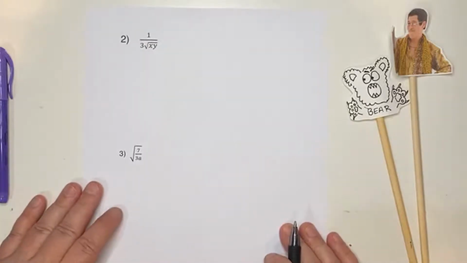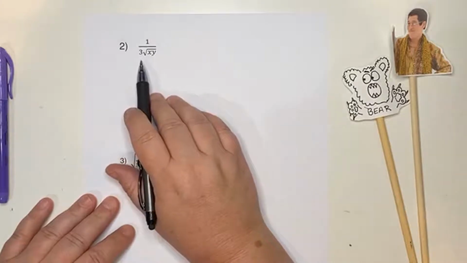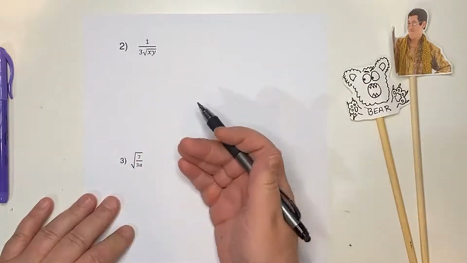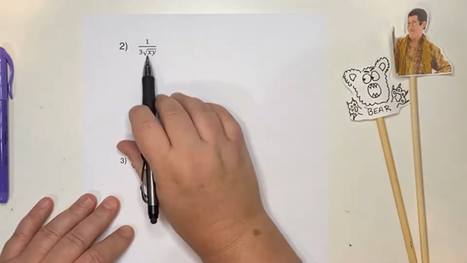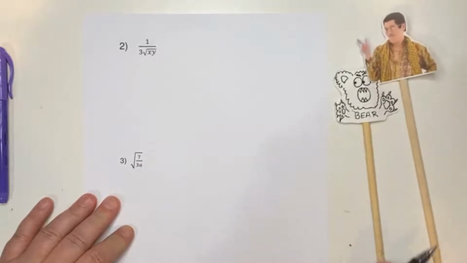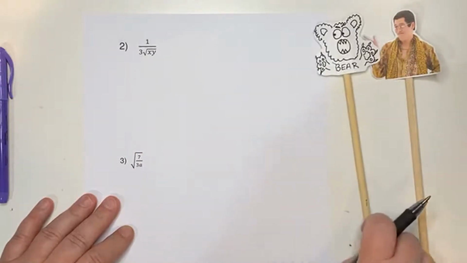Okay, the second one. There isn't a lot of decision making that we need to do, because in this case, there's only a 1 up top, so nothing is going to cancel. I have an x and a y trapped in a square root. Bears can get in through the bottom floor, so we want to get these out.